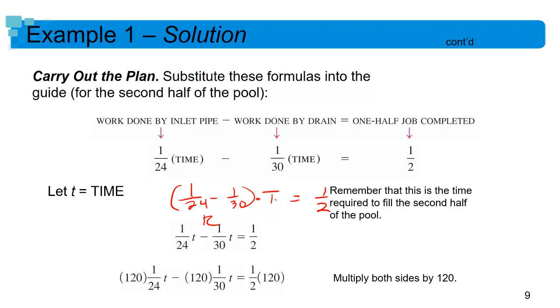But that also brings up another thing: when we talk about a rate as being 1/24th, we can actually think of a rate as being a number of things. So our job was filling one pool. And if it takes 24 hours to fill that one pool, then we're doing 1/24th per hour.